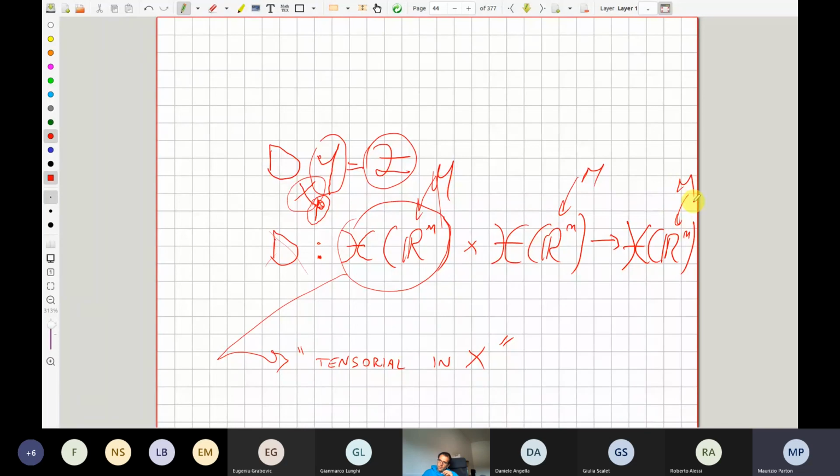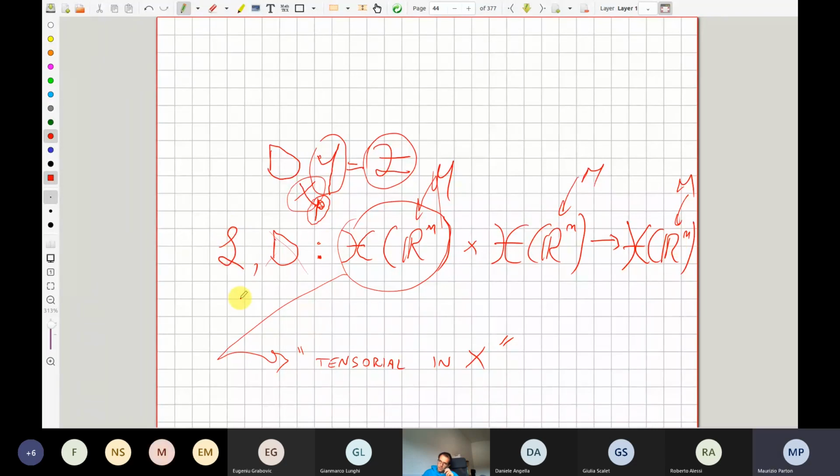You can have a map taking vector fields on the manifold, making the derivative on another vector field on the manifold, and giving you a vector field on the manifold. For instance, the Lie derivative is something like this.